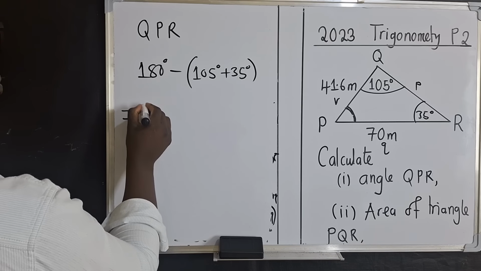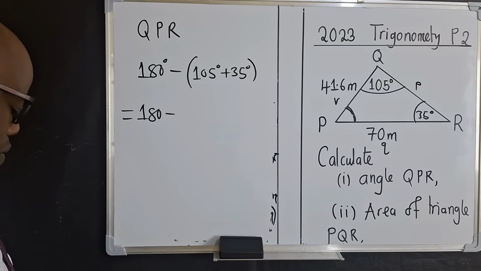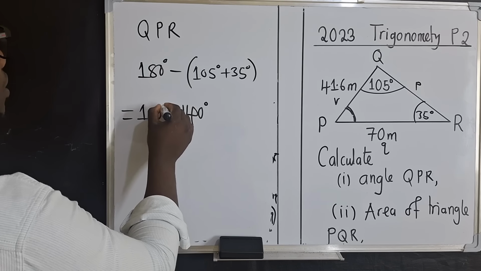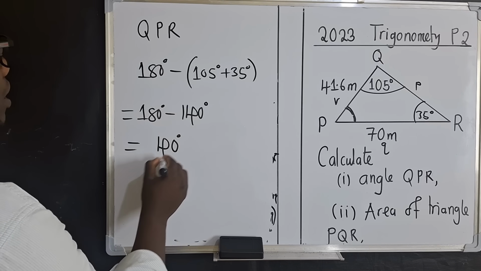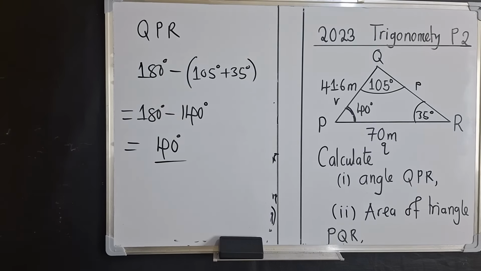So when we work out 180 minus the addition of 35 plus 105, this is giving us 140 degrees. So here, when we simplify, we're getting 40 degrees. So the angle here is 40 degrees, okay?